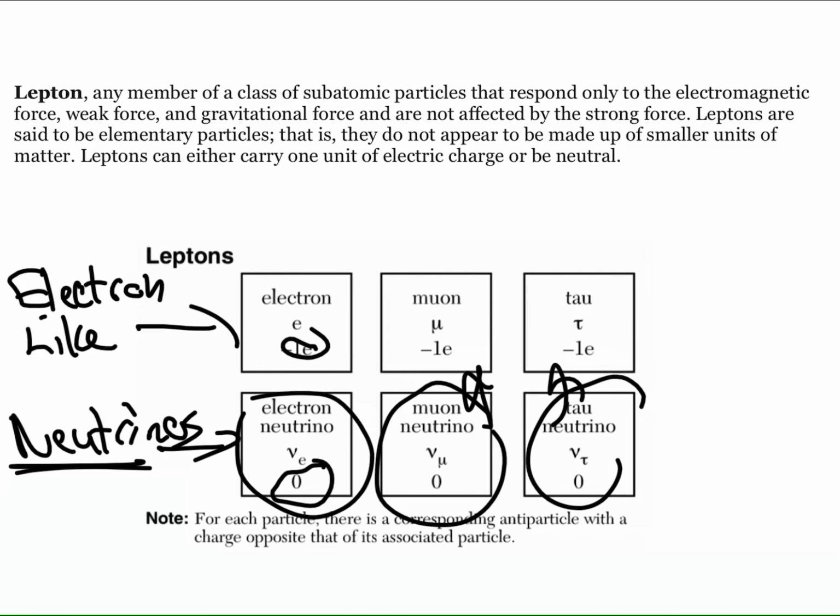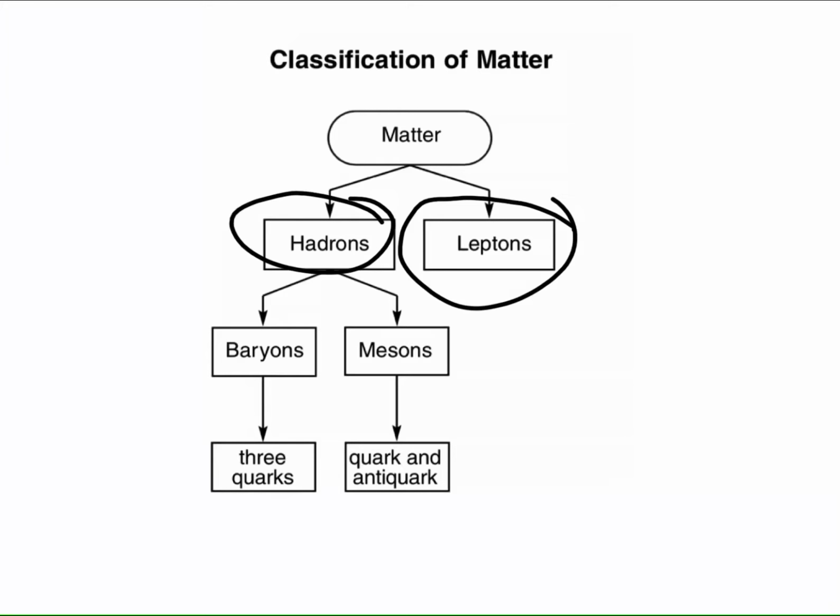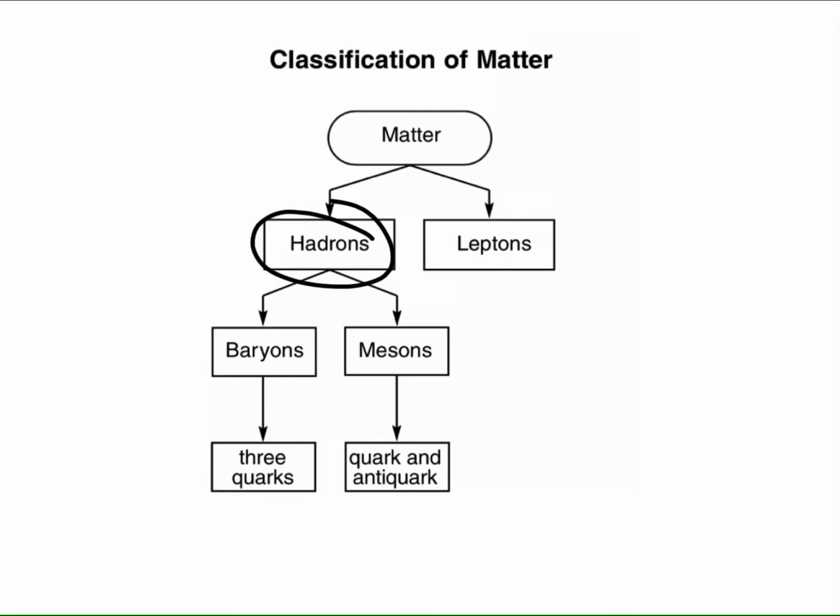So now we go back to the chart, and we're going to talk about the next type of particle. Under the umbrella of hadrons, there are two different types of particle: mesons and baryons. The next one we're going to talk about is mesons.